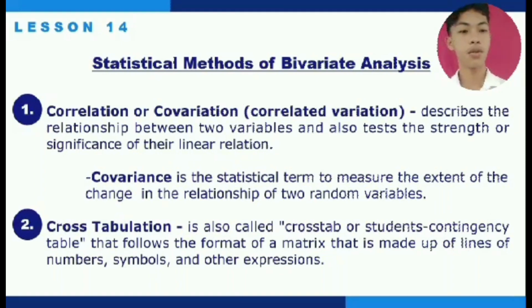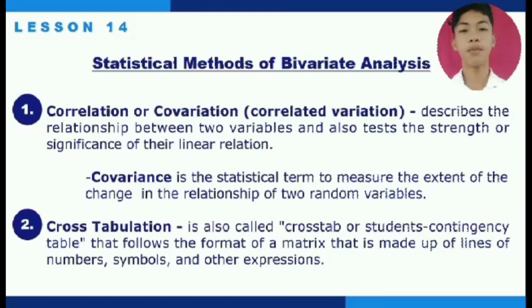Now, let's go on to the second method of statistical bivariate analysis, the cross tabulation. Cross tabulation, also called crosstab or contingency table, follows the format of a matrix that is made up of lines of numbers, symbols, and other expressions.